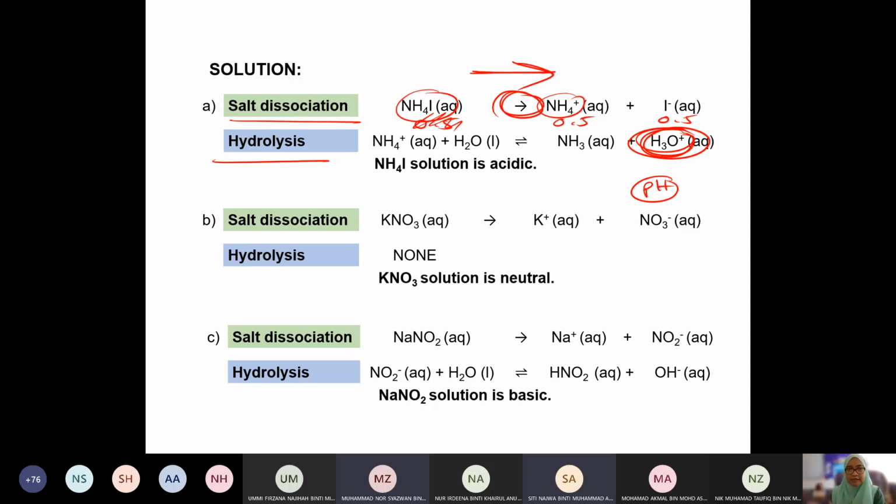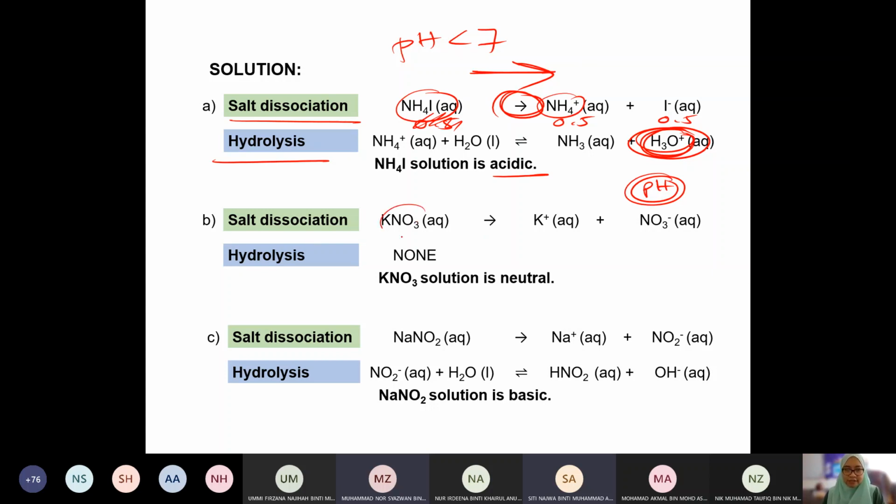This is just to prove. Later we have to calculate. We say the pH is less than 7, but how much less? Less than 7 can be 1, 2, 3, 4, 5, 6. So we have to determine the value of the pH of this so-called acidic salt. Everything has to be calculated later. This is just the step where you prove it, and later you confirm the pH.